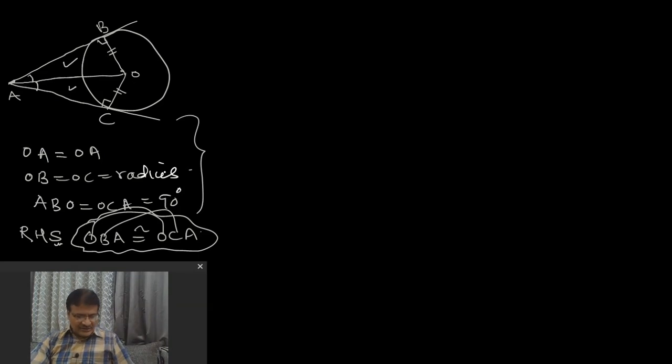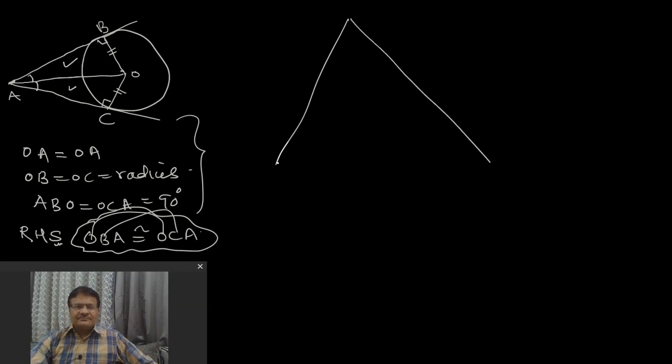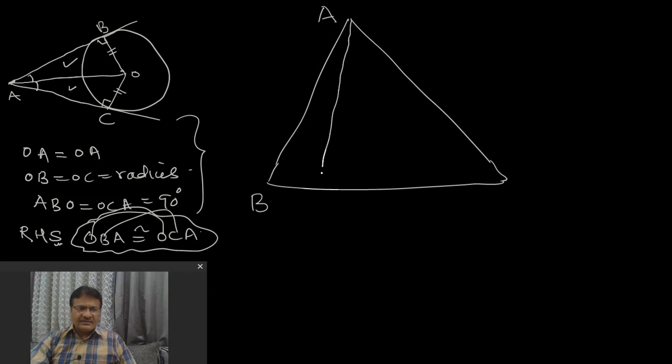Next question. You can see there is a triangle. See this triangle. This point is A. Suppose this point is B, and I draw a line this way. This point is C, then this point is D, then this point is E. Let me explain what is given in the question.